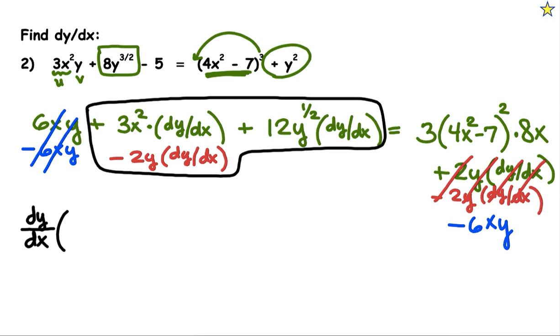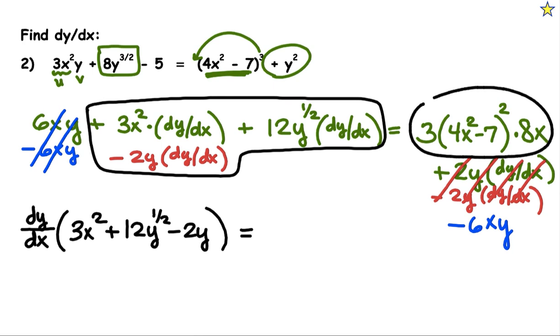It doesn't matter what order I write these in. 3x squared plus 12y to the half, or 12 rad y if you prefer, minus 2y. As long as the negative is in front of the 2y, you're fine. All right, on the other side, I'm going to combine to make this look a little nicer.